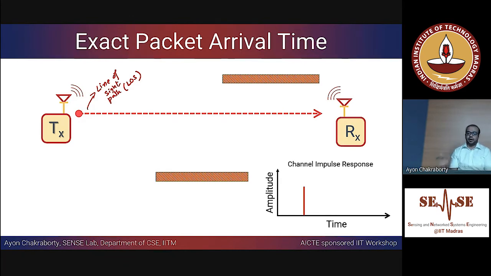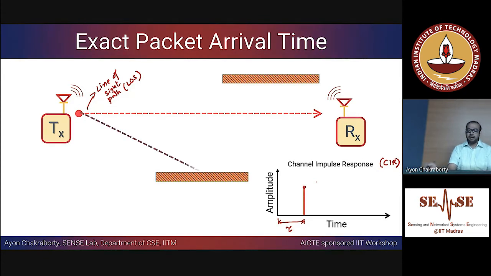The signal that you are transmitting very happily reaches the other side, and within, let's say, this time tau, you have an amplitude, right? This is the amplitude that is recorded at the receiver, this channel impulse response, or the CIR in short, and you will see a certain amplitude.